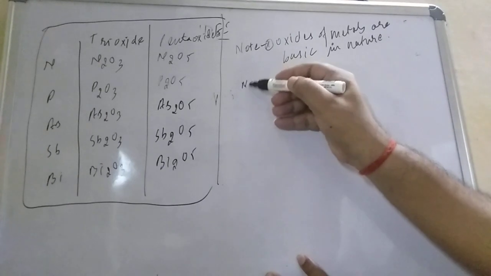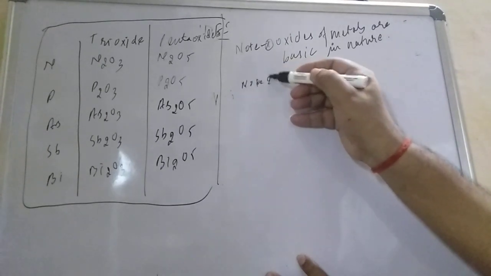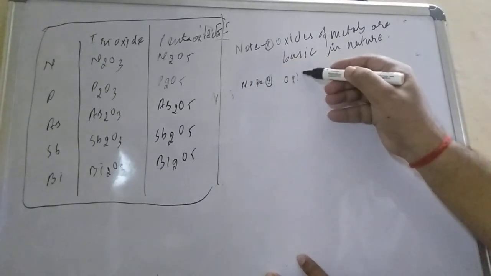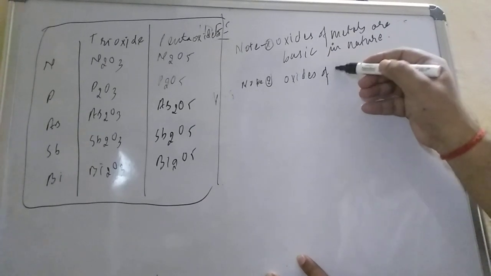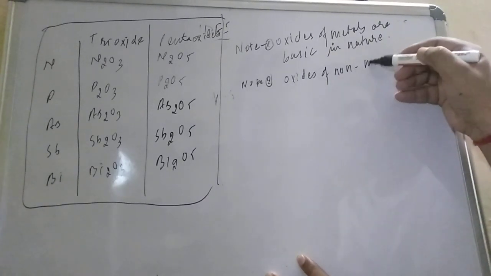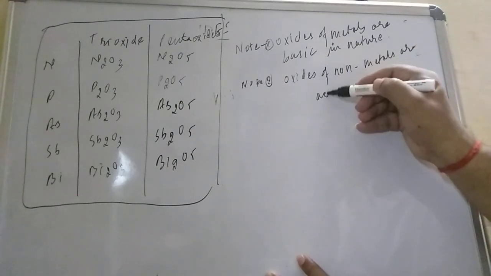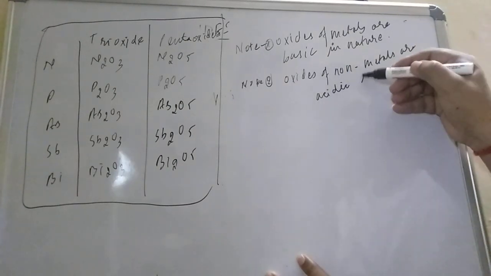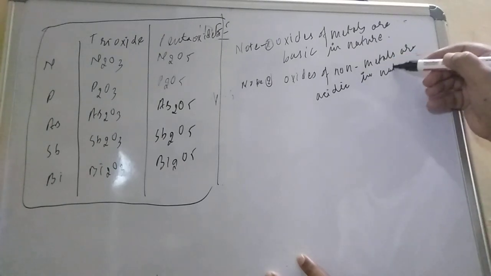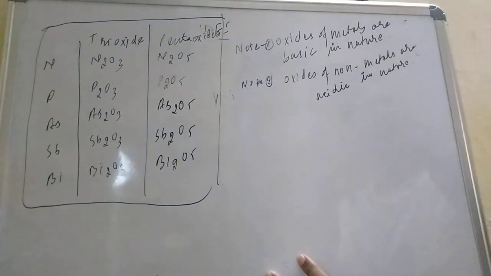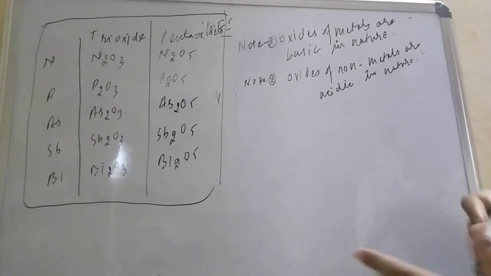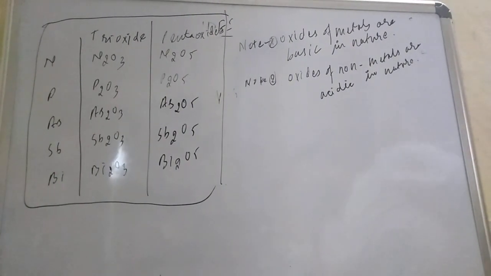Now note number 2: oxides of non-metals are acidic in nature. These are the two major concepts for acidic oxides and basic oxides.